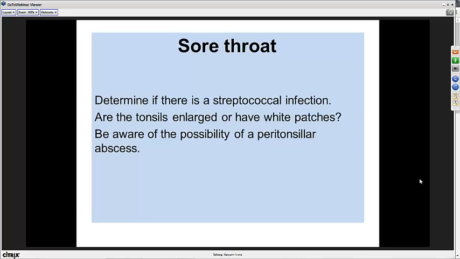You will see large tonsils on either side of the uvula, which is that thing that hangs down in the middle, and it will have white patches on it. It's not absolutely indicative, but it is a good indication that you've got an infection in the tonsils, particularly if they're quite large and the person is complaining of pain.